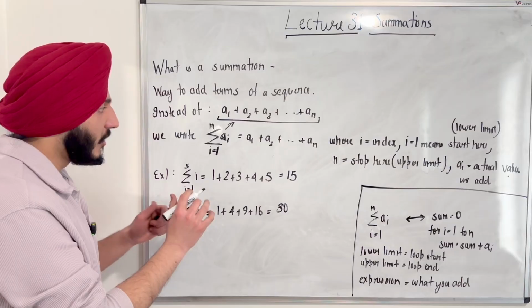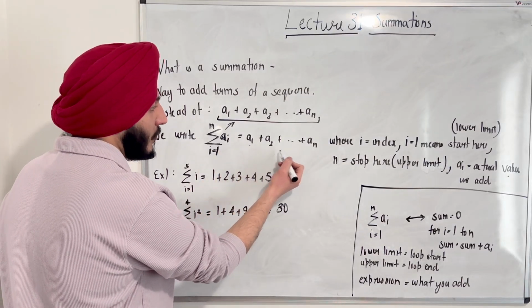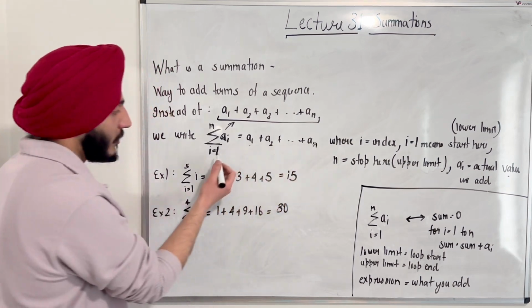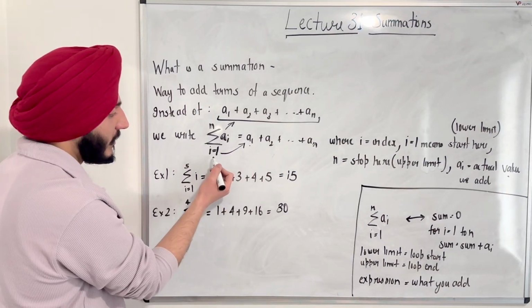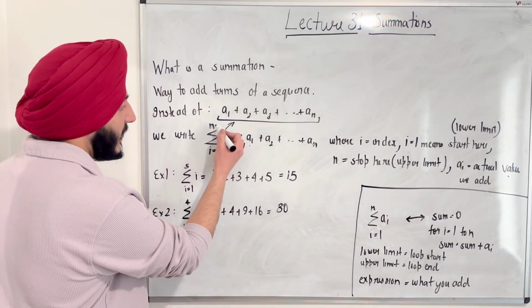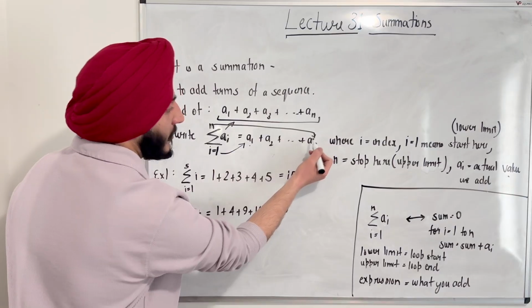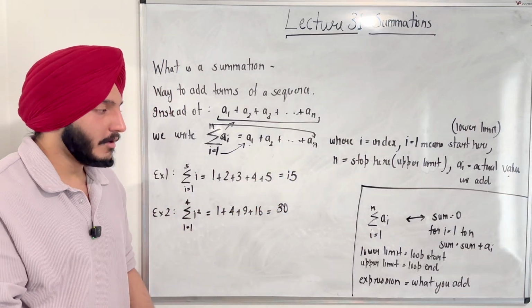So the meaning of this is that I start with a1, I keep on adding a2, a3, a4, and keep going until an. If you look at this carefully, I started at a1, this i equals 1 represents my lower limit, and this n represents my upper limit. I stopped at an at the end, so I added all the values from a1 to an.